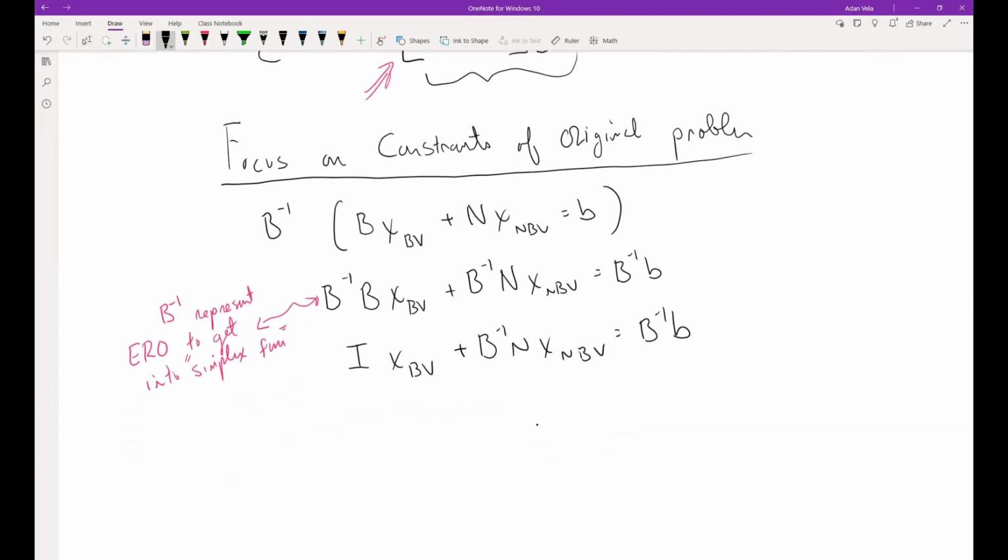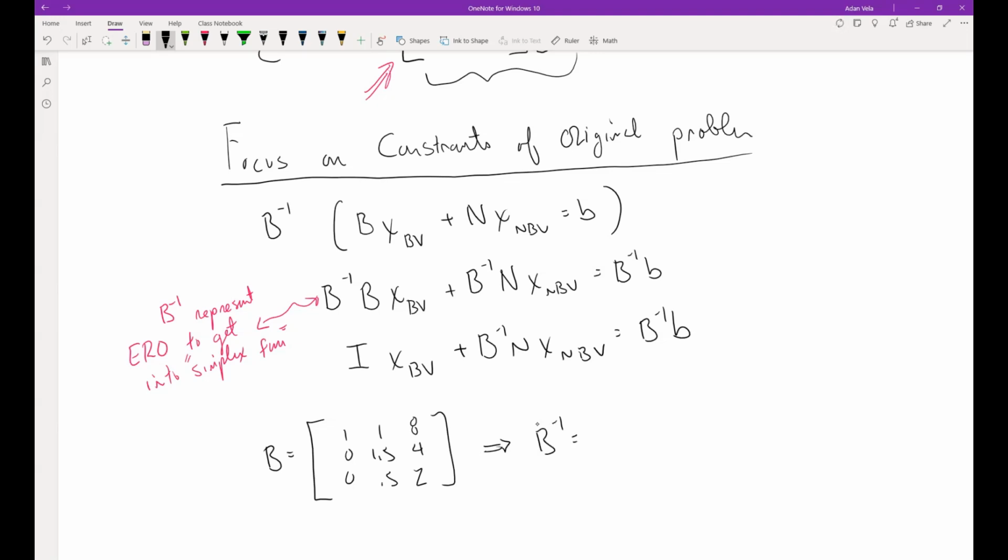All right, so let's apply that to the case that we have at hand. In our case, our B was 1, 1, 8, 0, 0, 1.5, 4, 0.5, and 2. The first thing that we're going to do is solve for B inverse.